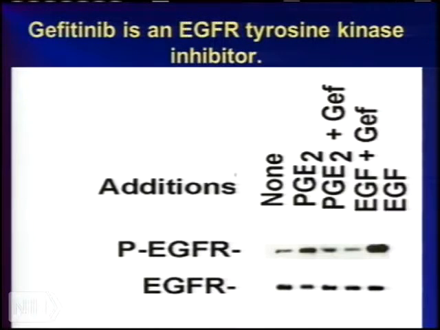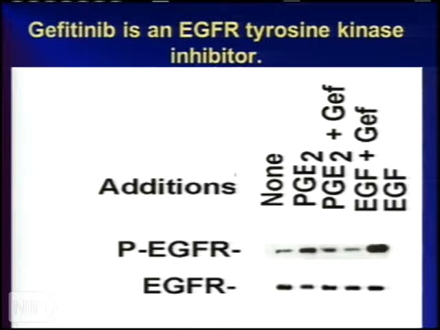So when we add gefitinib, we stop the tyrosine phosphorylation caused by PGE2 or caused by EGF directly. You see, you get a very big signal when you add EGF to lung cancer cells. Lots of tyrosine phosphorylation. PGE2, you get some tyrosine phosphorylation, but it's not as strong as when you're directly adding EGF.